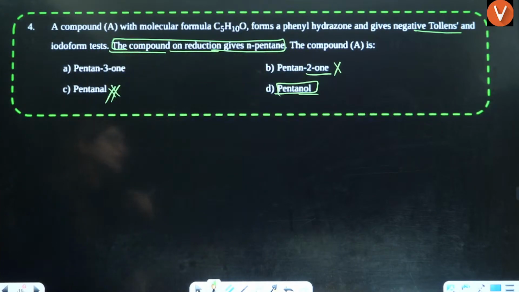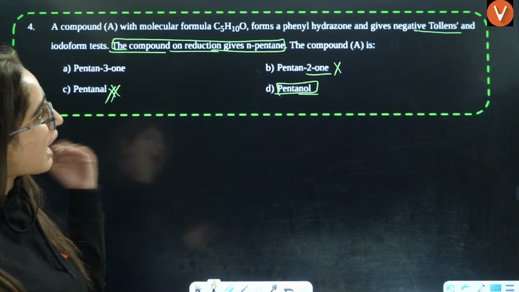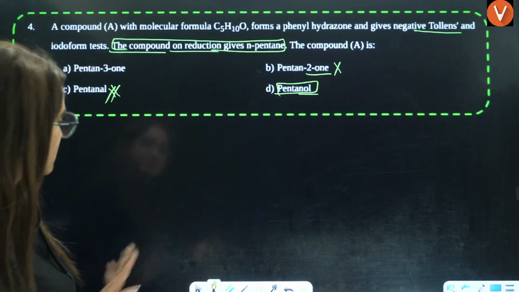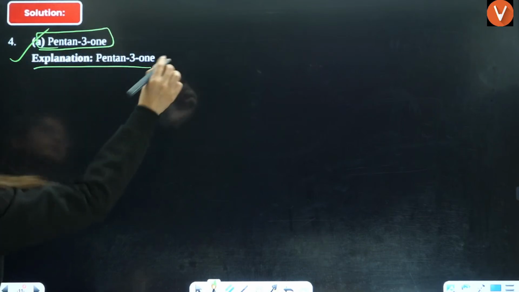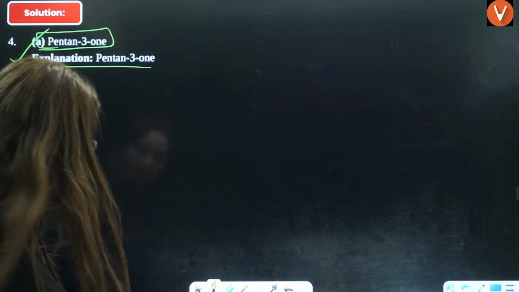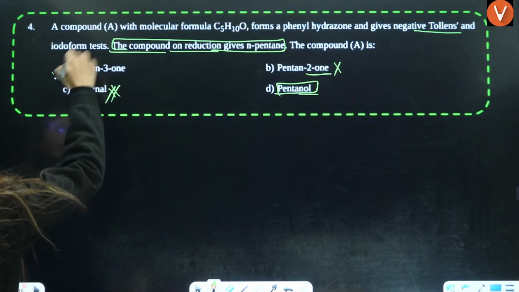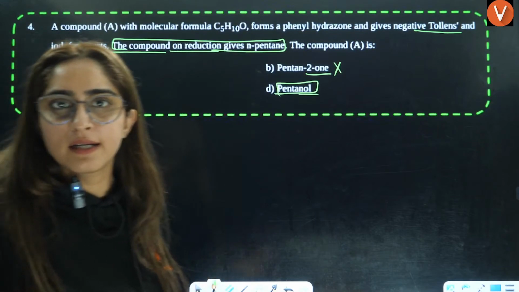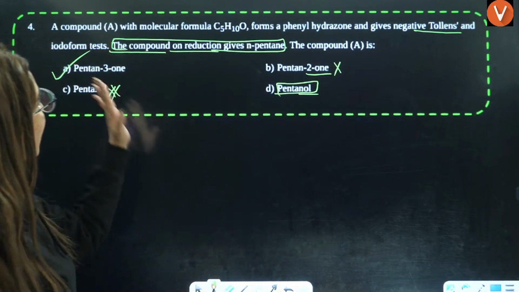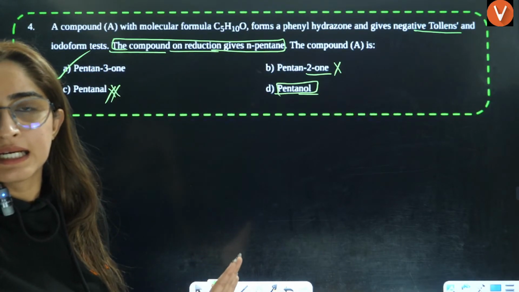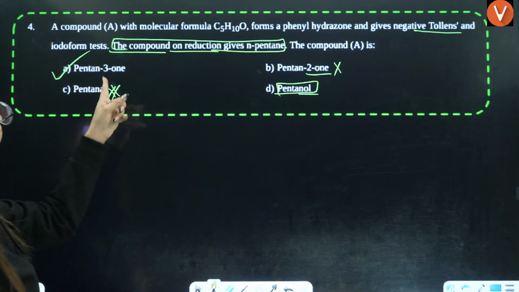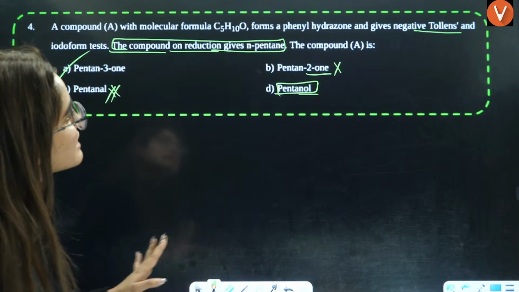That means when you reduce this, it will give n-pentane, right? So after reduction it is going to give n-pentane alkane directly. That means it should be pentan-3-one. So the answer is going to be A, the correct answer. Got it? The compound on reduction is giving you n-pentane, so the answer is pentan-3-one.